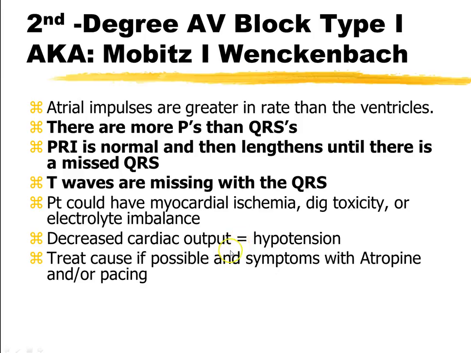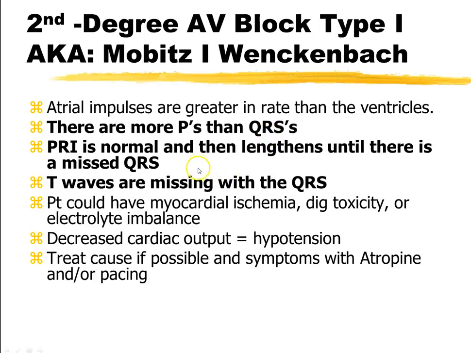Okay, so atrial impulses, so we're going to have a P wave, and there will be more of them than the QRS complexes. So again, as we go through that systematic approach, our rates are generally normal. But the key thing to identify a second degree heart block type 1 is there are more P's than QRS's.